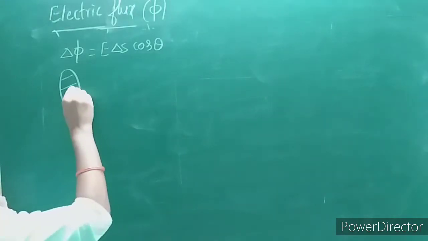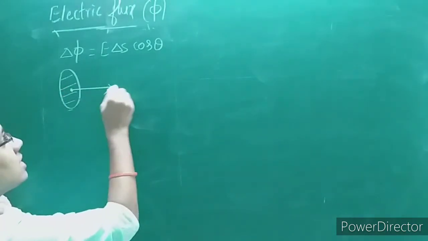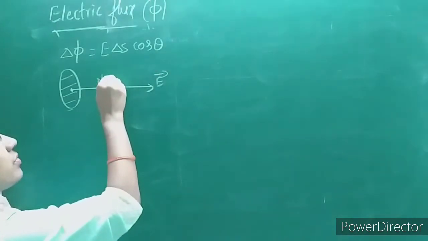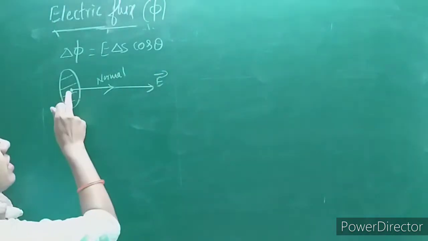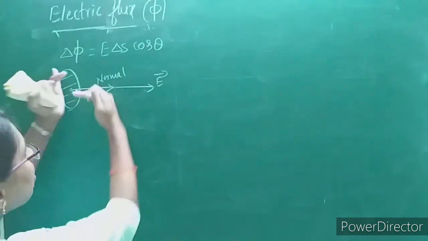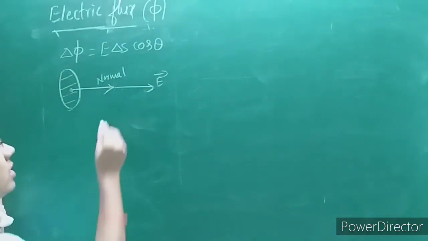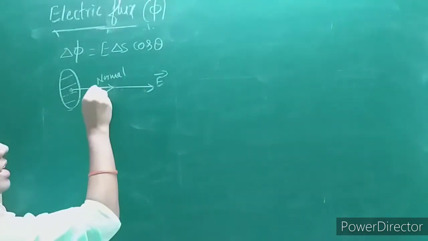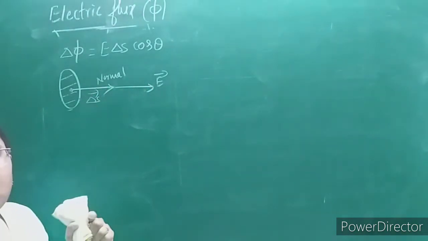Suppose the normal drawn to the surface is along the direction of electric field. Then both the normal, that is the area vector, and the electric field are acting along the same direction.